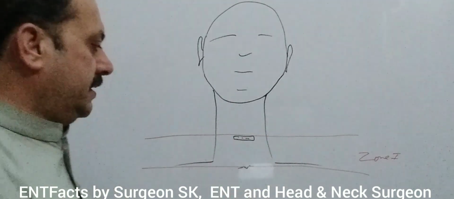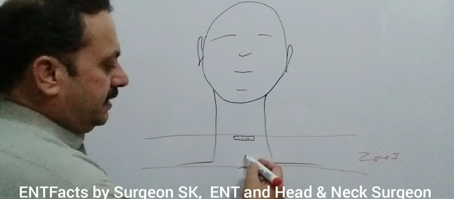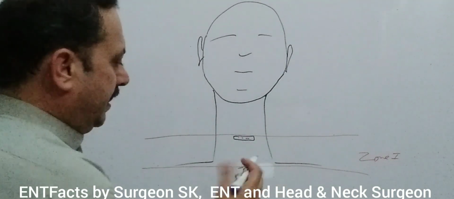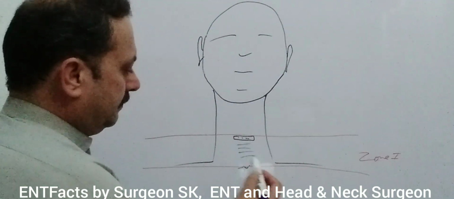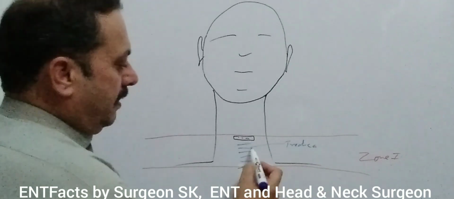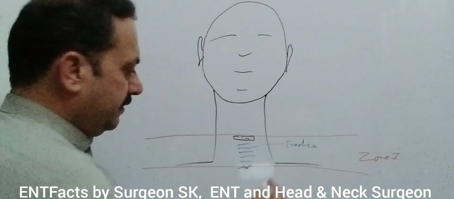This zone is important because, as I mentioned before, there is in the center the tracheal rings, the airway, trachea. Behind the trachea is the esophagus.